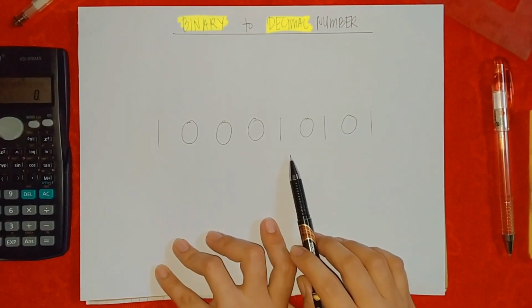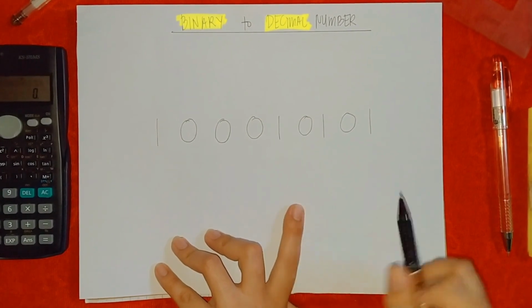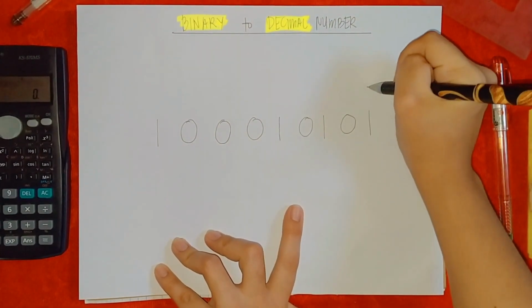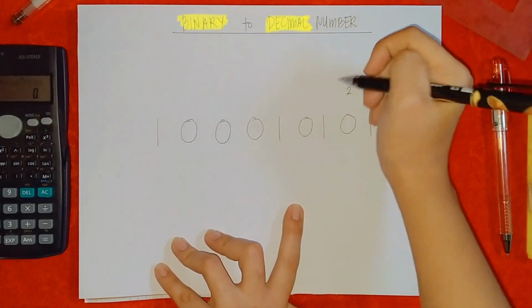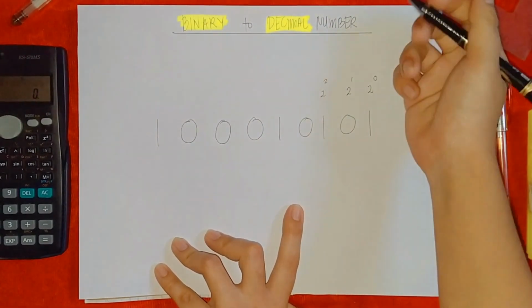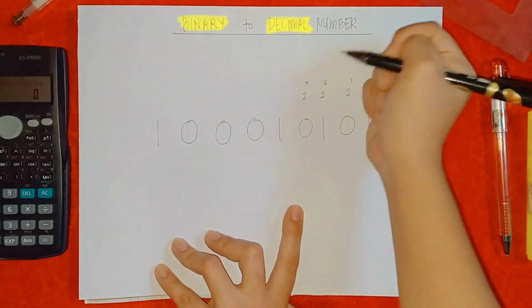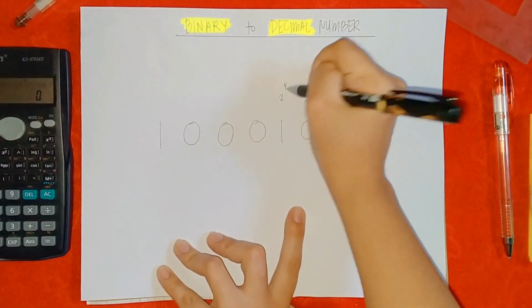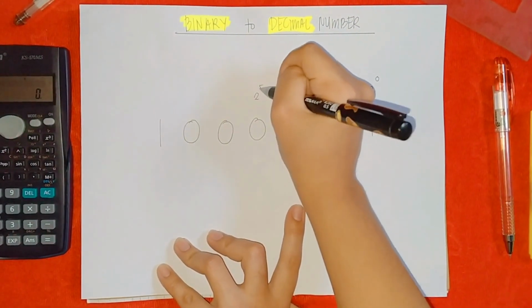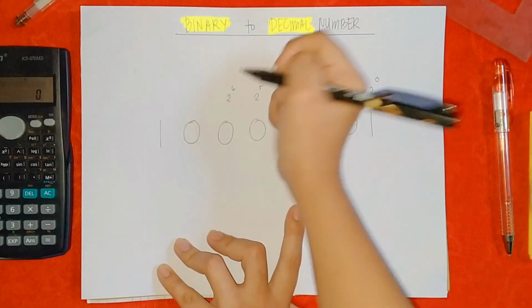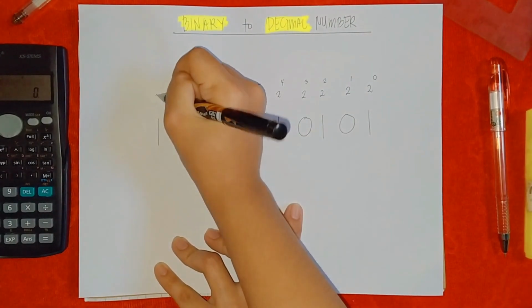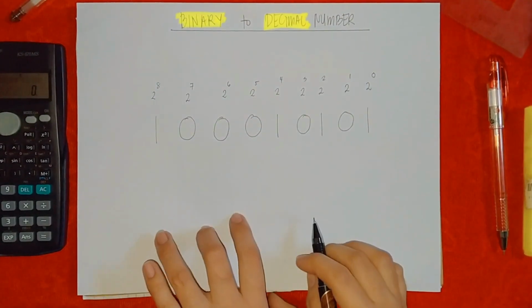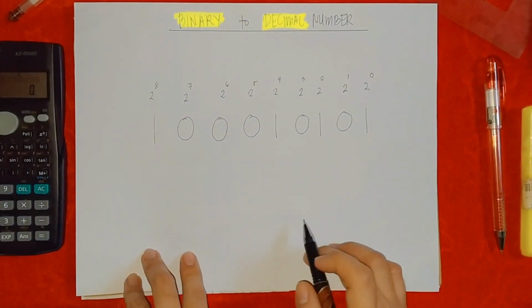Same procedure again, same steps. The first value is 2 to the 0 power, 2 to the first power, 2 to the second power, 2 to the third power, 2 to the fourth power, 2 to the fifth power, 2 to the sixth power, 2 to the seventh power, and lastly 2 to the eighth power, and multiply.